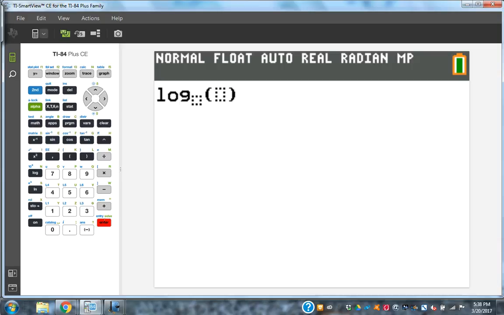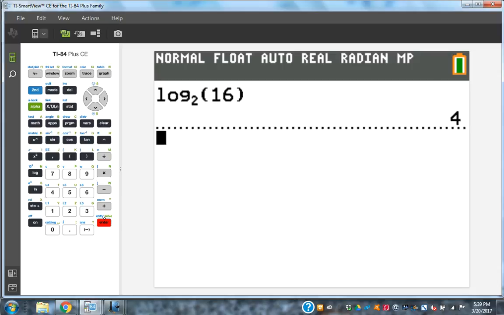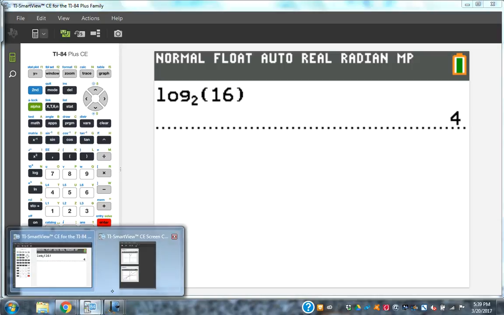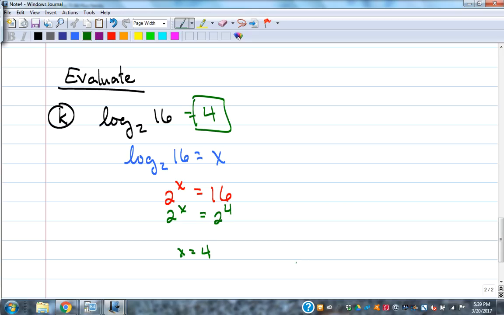So we're doing log base 2 of 16, hit enter, and it should give you 4. It can be done without a calculator for certain numbers, but if it were log base 2 of 15, we can't do that without some help. That's where a little computer-aided incentive could help, but it's not always necessary.